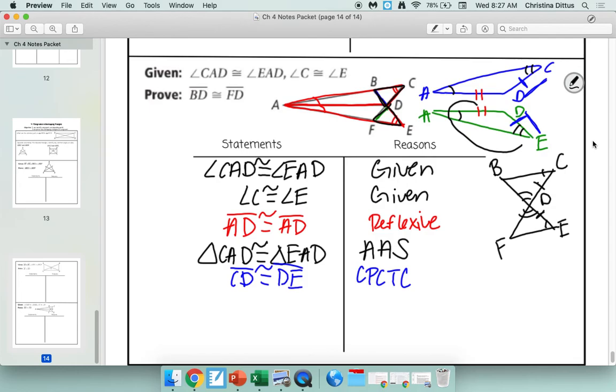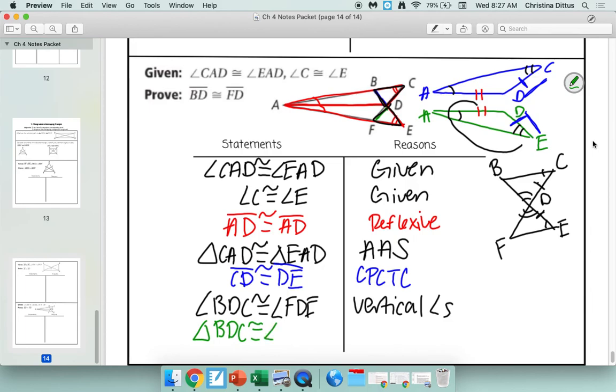So I'm going to say angle BDC is congruent to angle FDE because they are vertical angles. Can I now say that those triangles are the same? I sure can. I can say triangle BDC is congruent to triangle FDE because of what's going on in these black triangles: angle, side, angle.